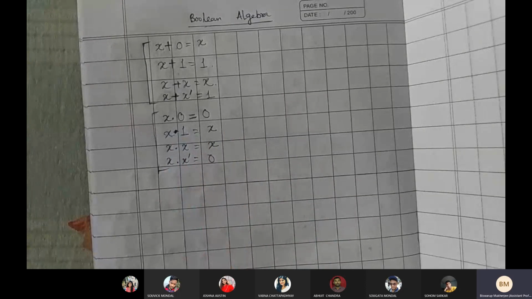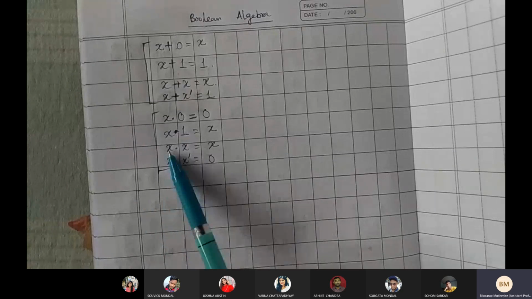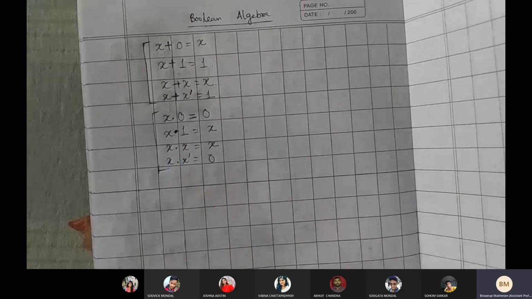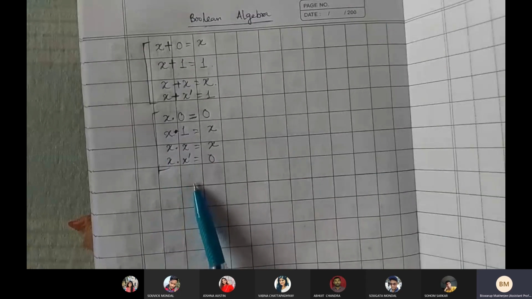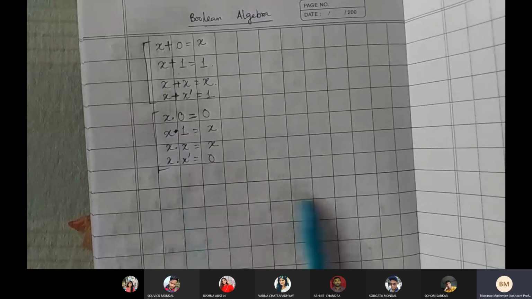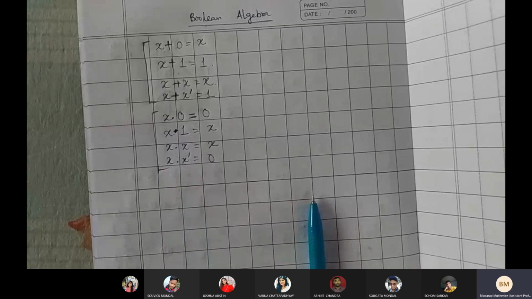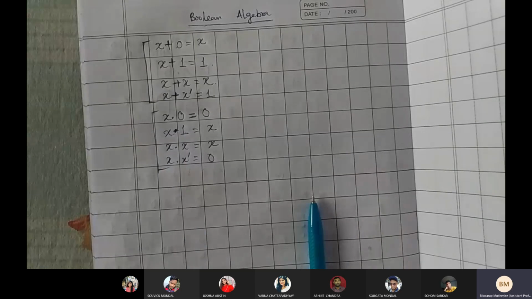Similarly, x dot x, if it is 0, then 0 dot 0 is 0. If it is 1, 1 dot 1 is 1. So rightly x dot x is equal to x. Similarly, x dot x bar, if one value is x, another complementary value would be x bar at that time. So we can also find out x dot x bar equal to 0, right?